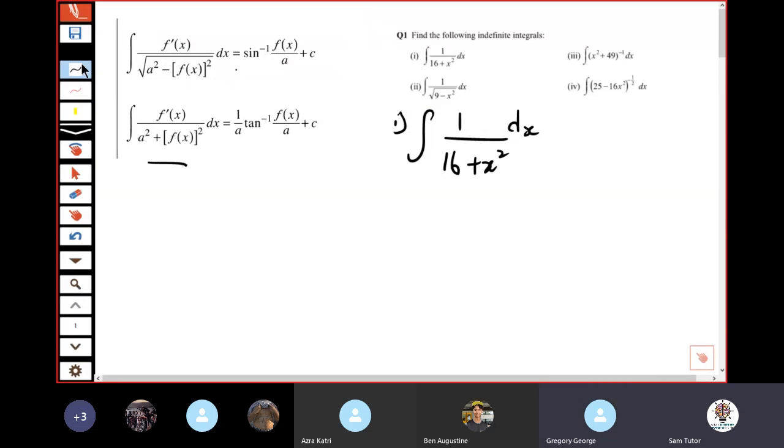The only 2 skills you know so far are substitution or completing the square. So you have to ask yourself, would this be a substitution question? If you had let it become this and differentiated, you would have ended up with something like this, and you can see that nothing like that can exist on the top. So if it's not a u substitution, it would be a completing the square question.